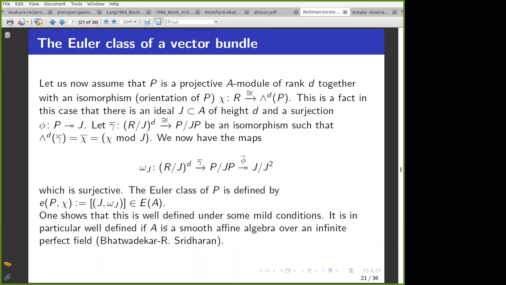One shows that this is well defined under some mild conditions. It is in particular well defined if A is a smooth affine algebra over an infinite perfect field. But if A is not smooth in characteristic p, it's not known that this is well defined. In particular, it's not clear whether you have an Euler class in that case for non-smooth algebras in positive characteristic.